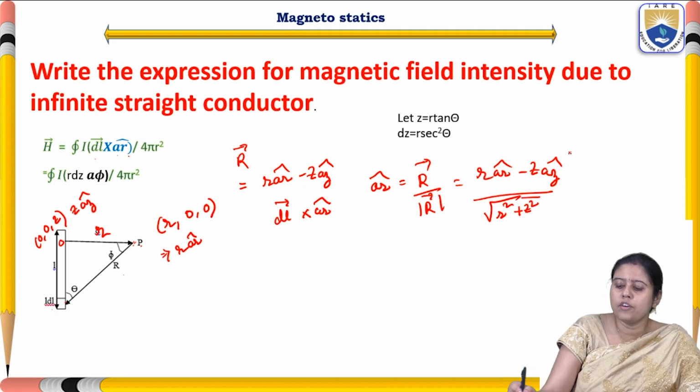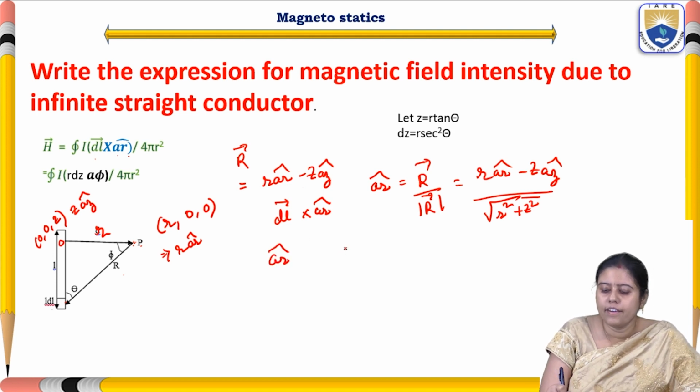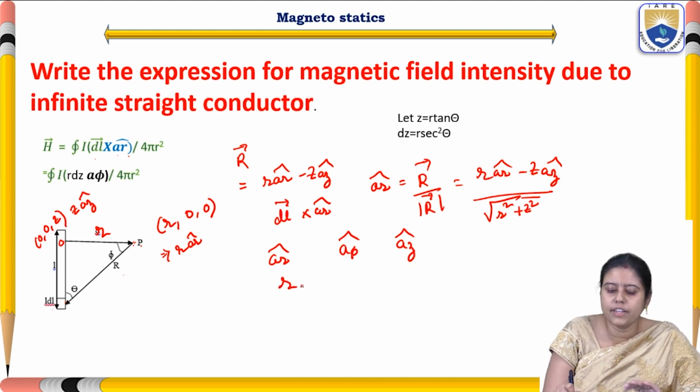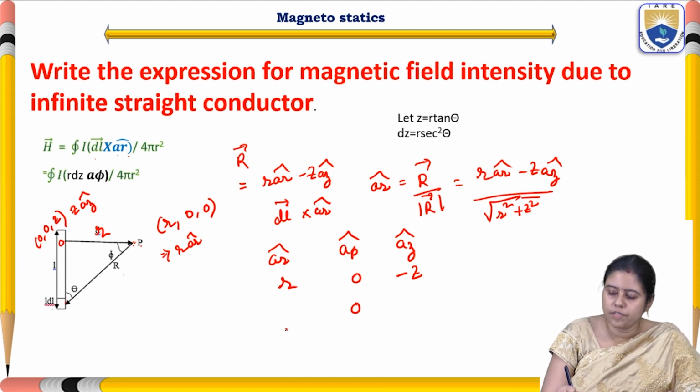If we want, we can calculate the value of dL cross aR using the determinant with aR, a phi, aZ. R is (r, 0, minus z), and dL is (0, 0, dz).